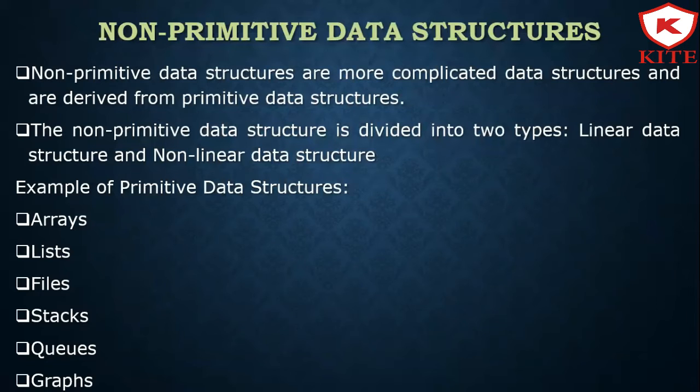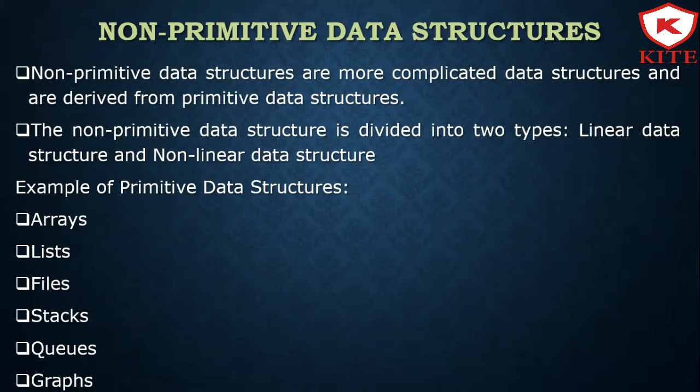Now, non-primitive data structures. Non-primitive data structures are more complicated data structures and are derived from the primitive data structures. Generally, languages provide a way of defining our own data types. Such data types are kept under the non-primitive data structure category.